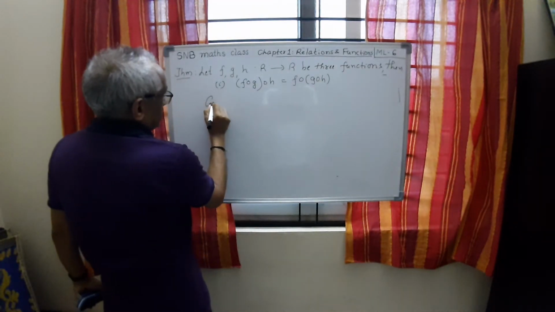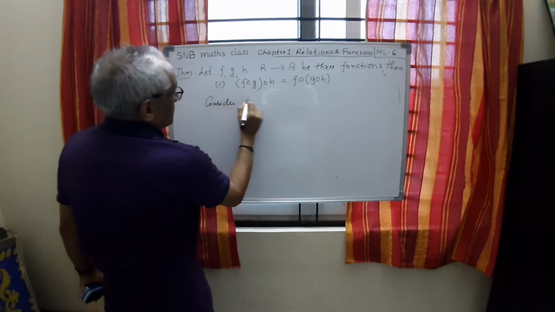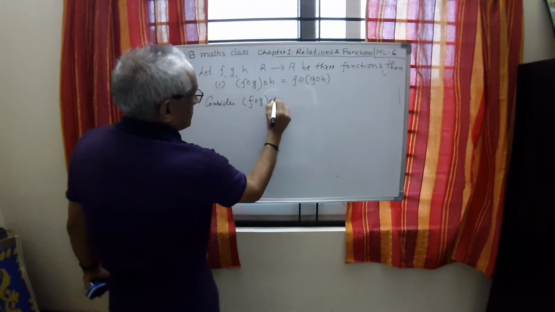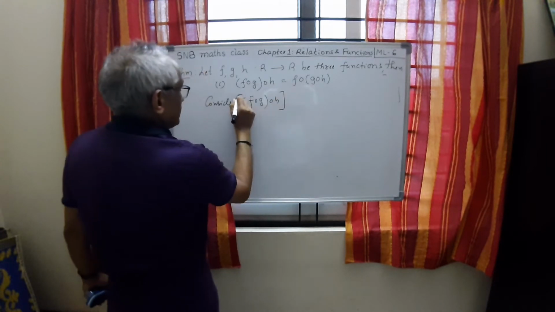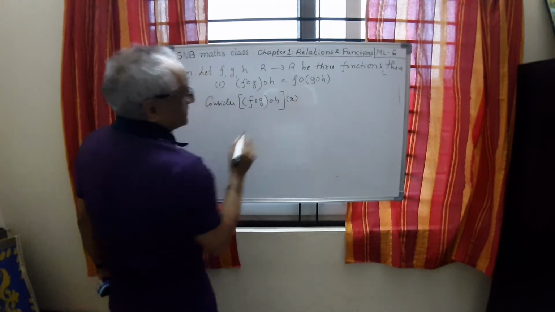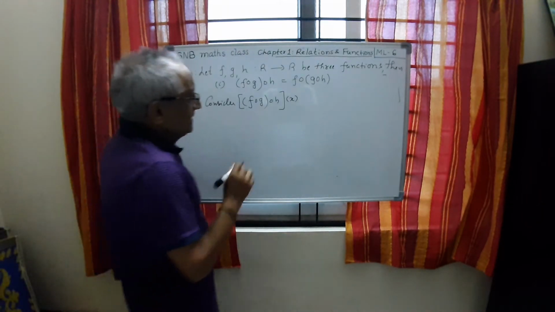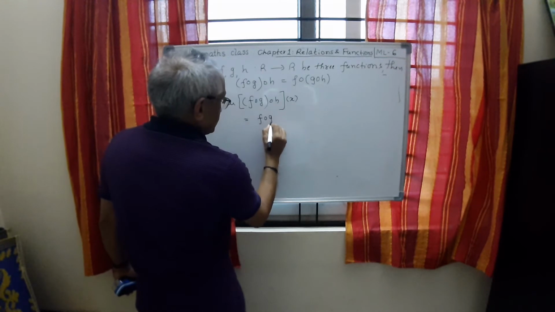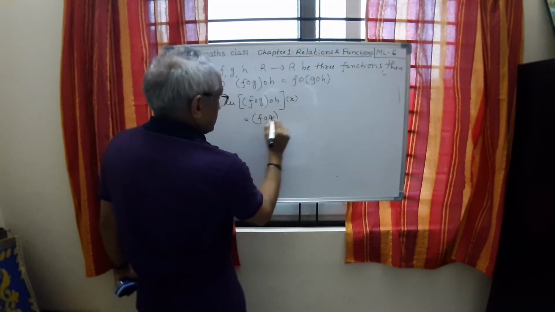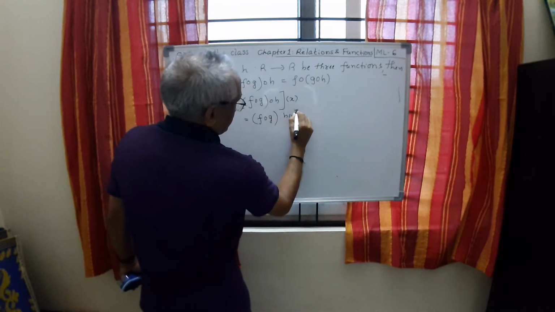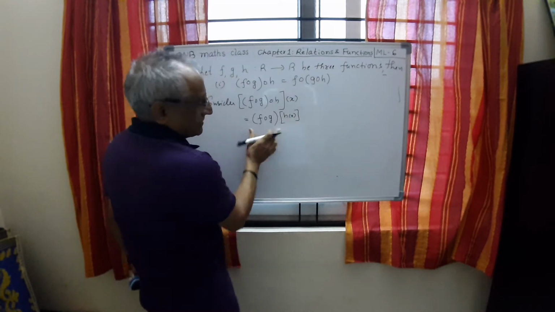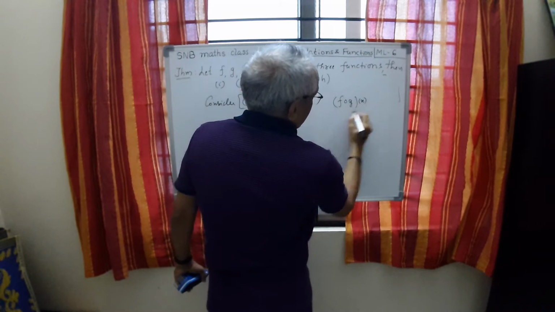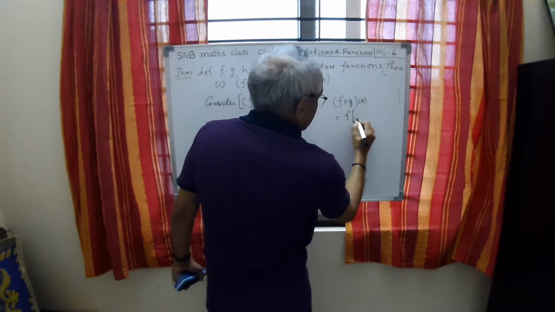So consider (f of g) of h of x, where you take any value x in the domain. By definition, this will be equal to f of g of h of x. Try to understand this definition, because f of g of x means f of g of x.